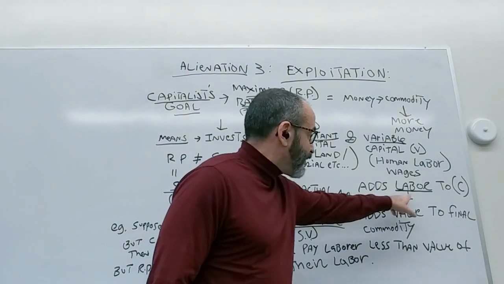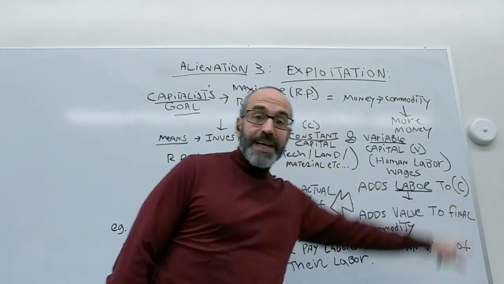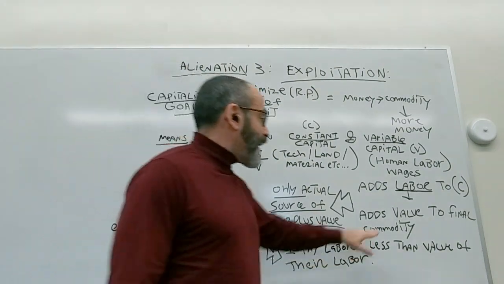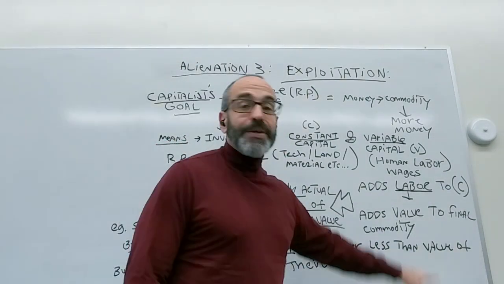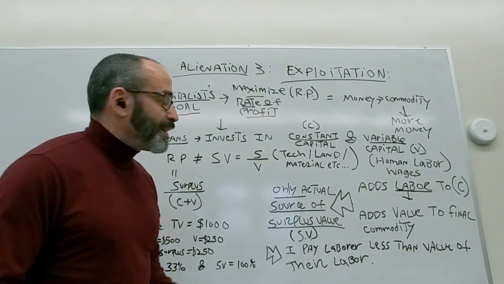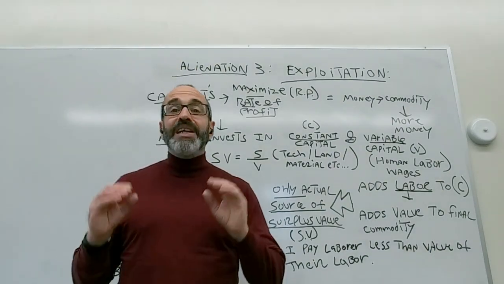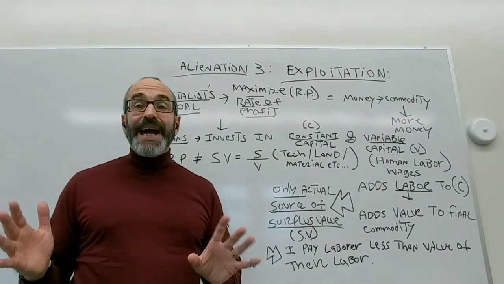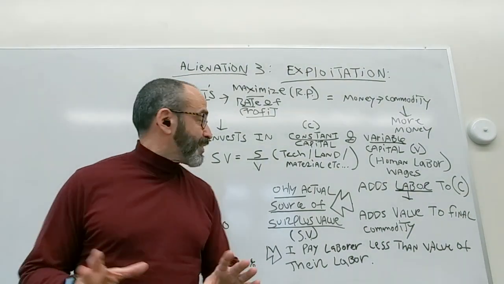So therefore the addition of labor to the constant capital is what actually creates something with added value, the final commodity. Thus, it's the laborer that is the total source of the surplus value that the final product has.